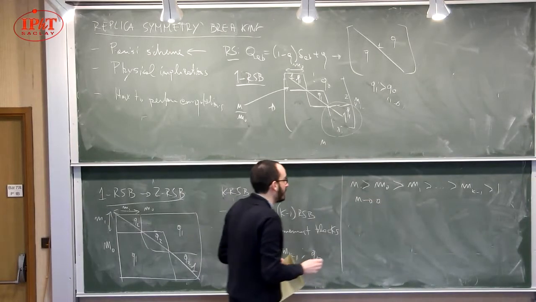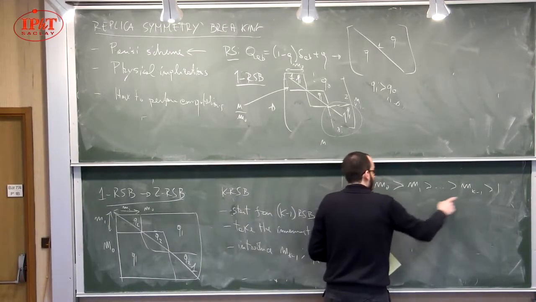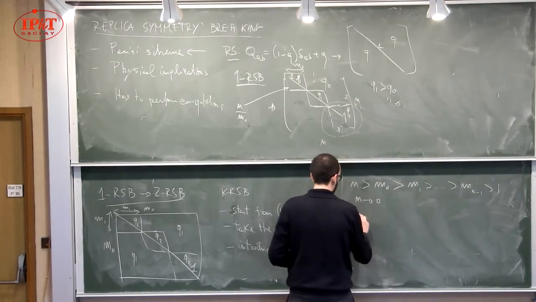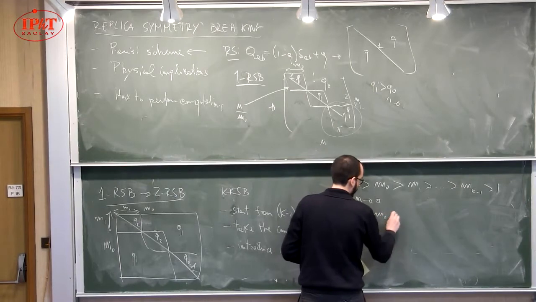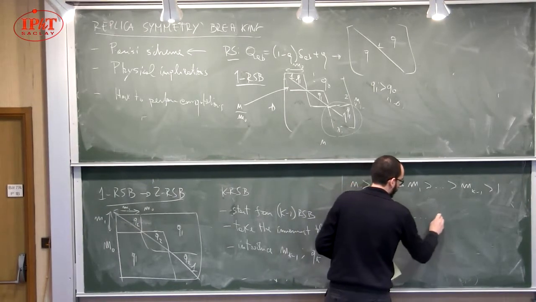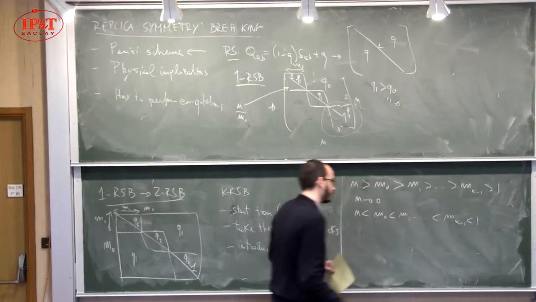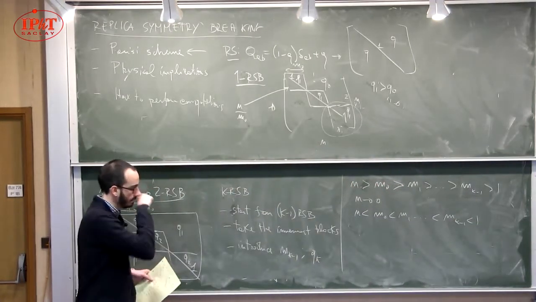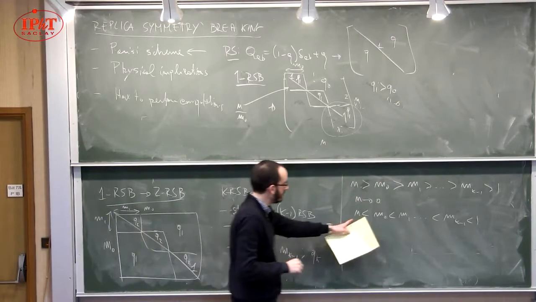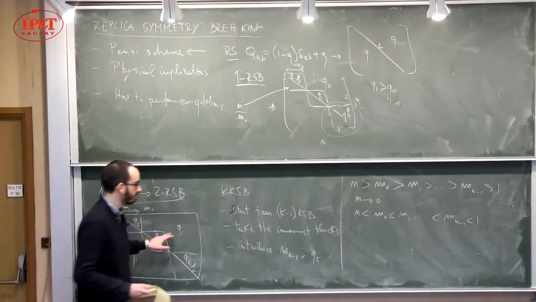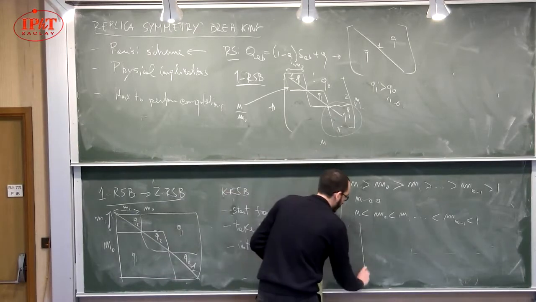And now the black magic is that in order to take the n to 0 limit, you have just to reverse these inequalities. So you have n... Okay. So once you have this, you can represent all the q's inside a function.